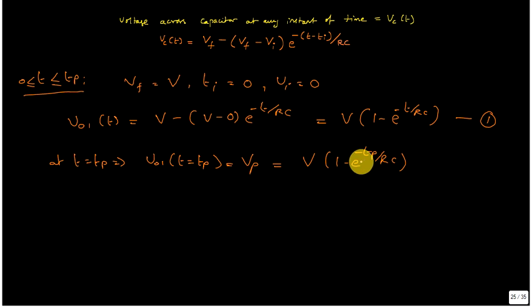Tp is a known value for the given pulse input, Rc is a known value for the given Rc circuit, and V is the applied voltage, that is also known. So after substituting the values, you will get a constant value which is treated as Vp. This is the second equation.